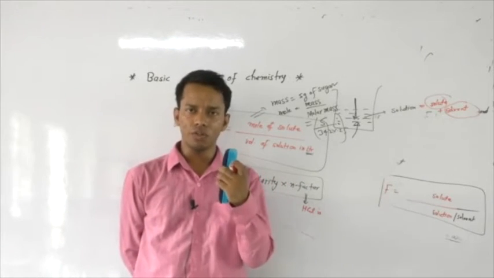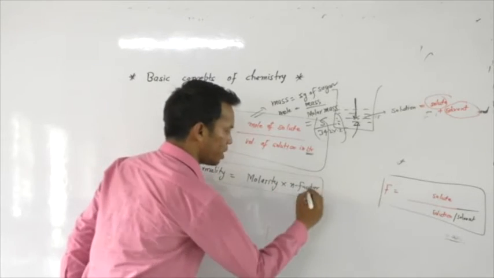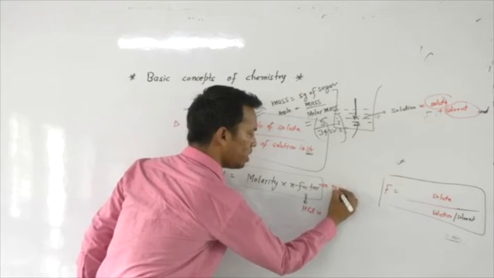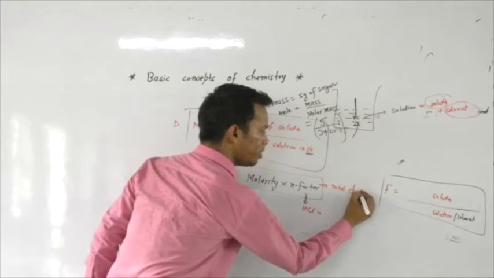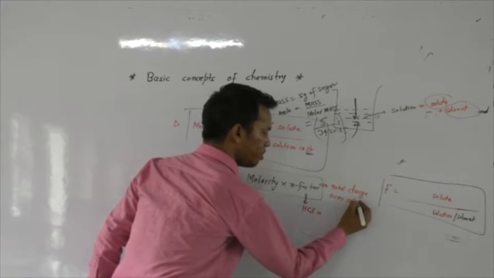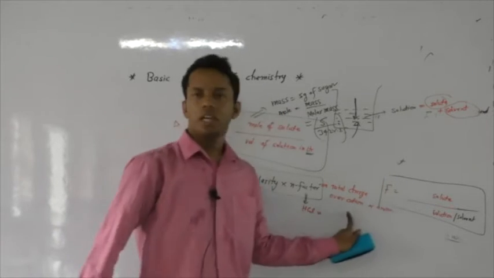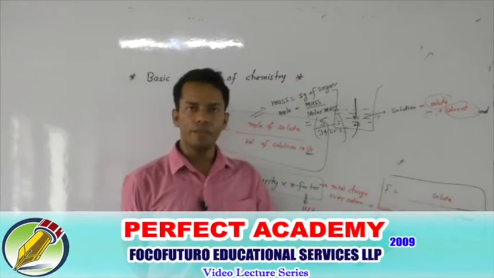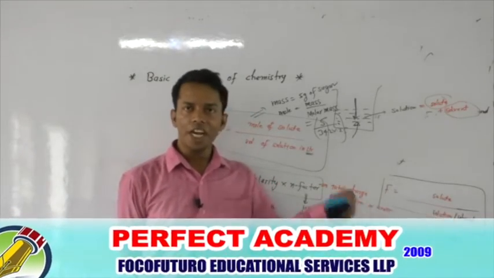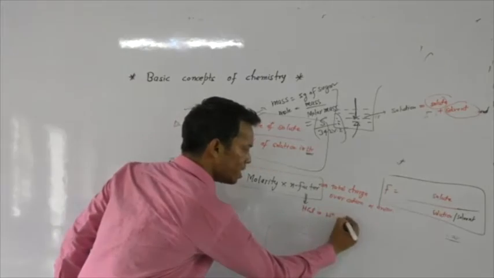Or one more thing you can do. Number of ions, number of cations, or see total charge you have to see. N factor is total charge over cation or anion, okay? At any one place, either cation or anion. You see the total charge, and that is n factor. Let's say, for example, for HCl, you can see H plus and Cl minus.